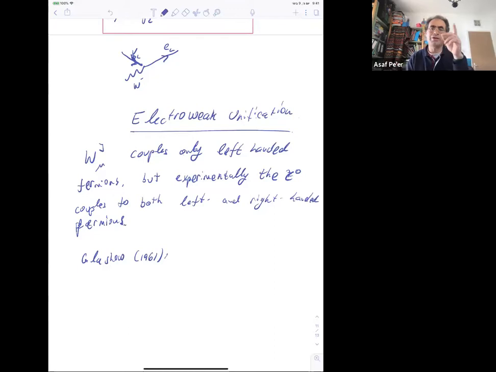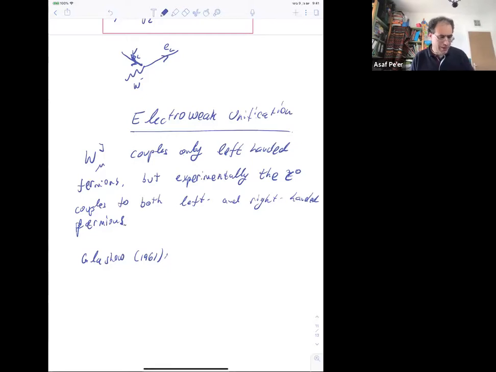A linear combination of both of them gives us the Z and the photon. That means that there must be some other symmetry which we did not discuss, that gives us this extra missing gauge boson that combined with the W3 would give us the Z and the photon. This is called a hypercharge. So let me write this all down.